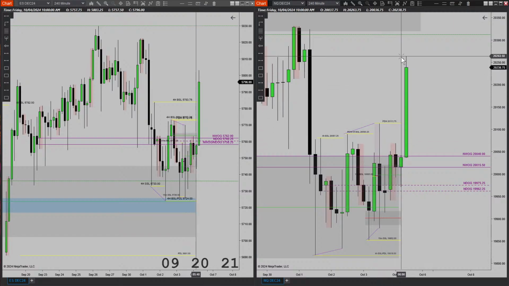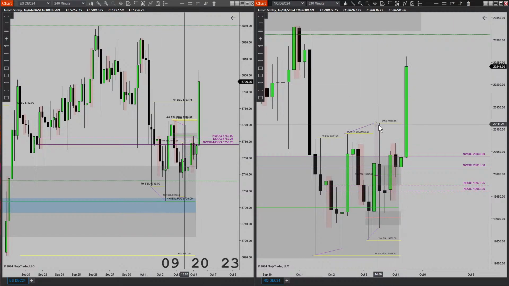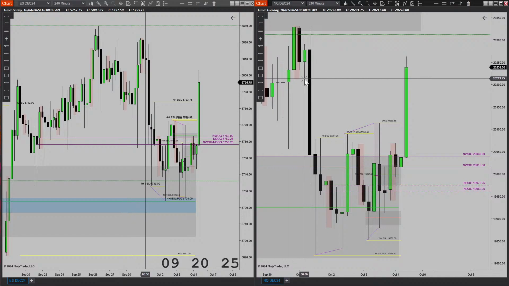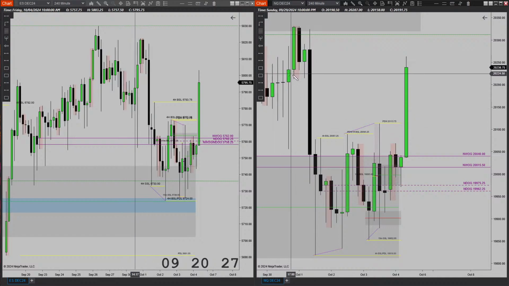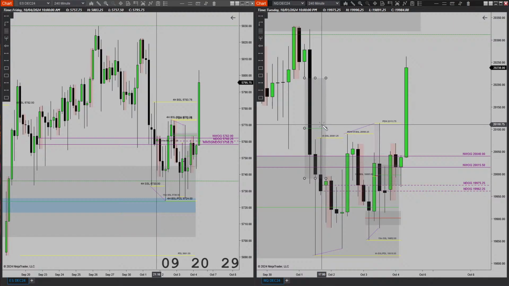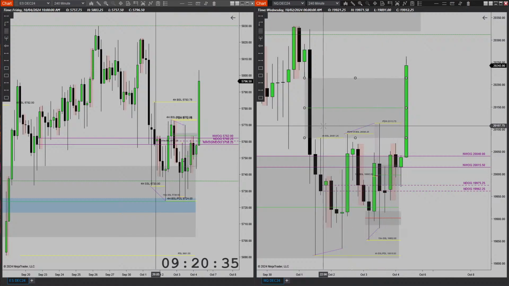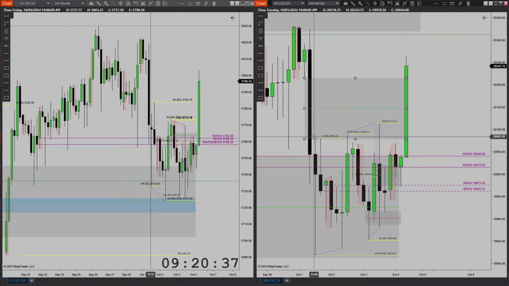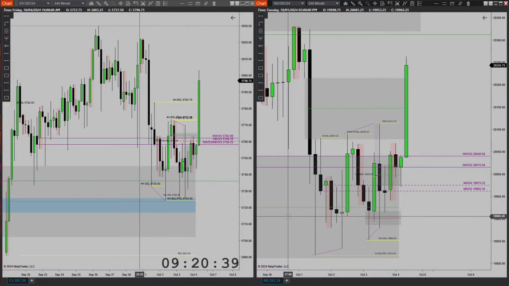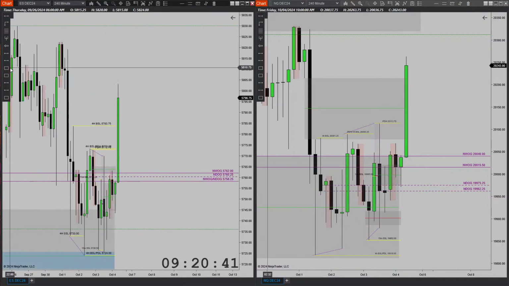So this right here, I want to see how it closes. Not necessarily above this high, but above this imbalance here. Same thing here.